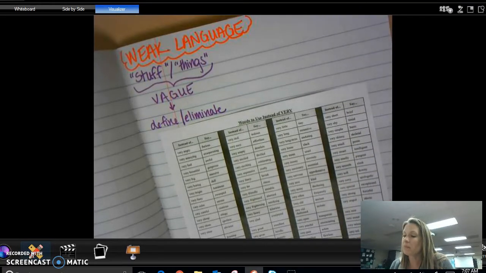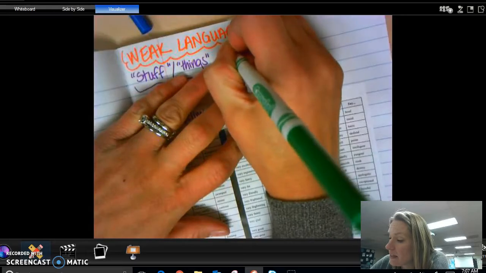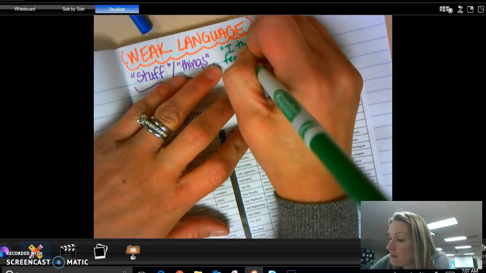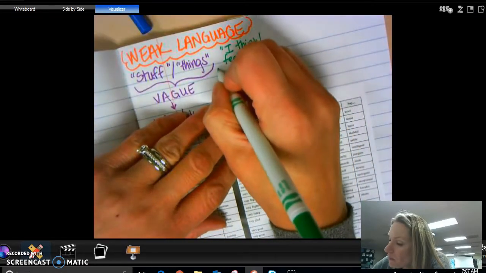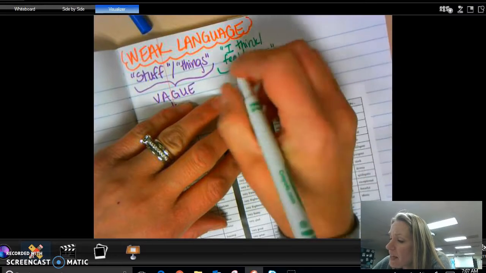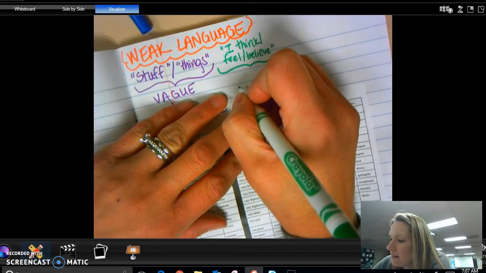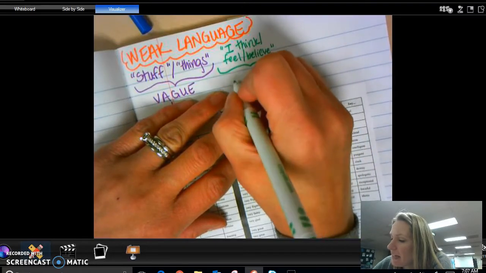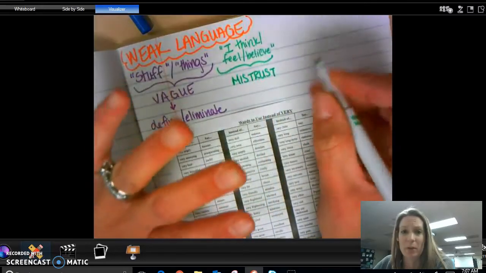The next word that we are going to take a look at that can be weak language is I think, I feel, I believe, really anything that starts with that I right there. The reason that it's weak is it creates this idea of, well, it's just not strong, because I don't want to say mistrust, but it kind of leaves this idea of mistrust, but that's not necessarily the right word. If you can think of a better word, please come tell me.